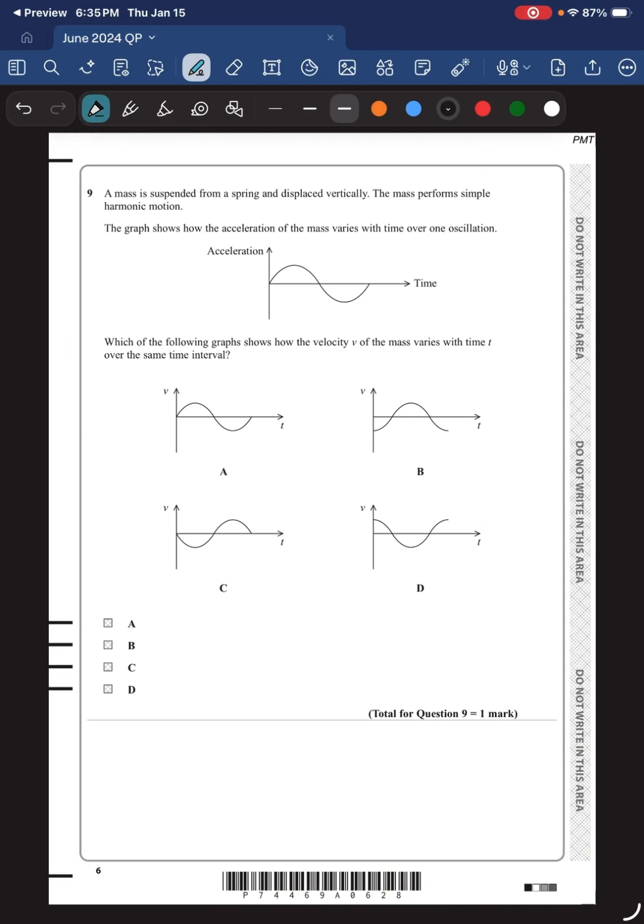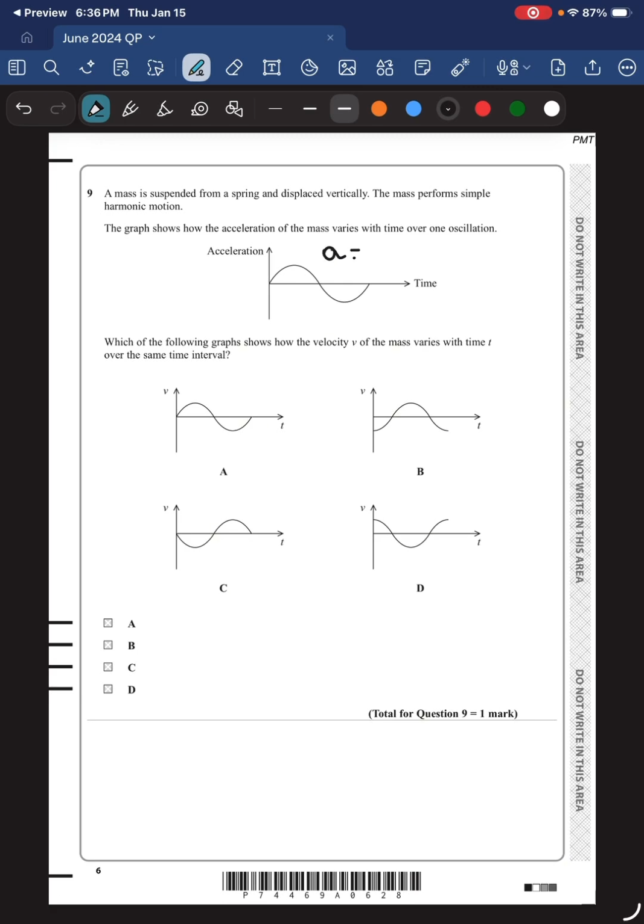All right, moving on to question 9. Okay, a mass is suspended from a spring and displaced vertically. The mass performs simple harmonic motion. The graph shows how the acceleration of the mass varies with time over one oscillation.